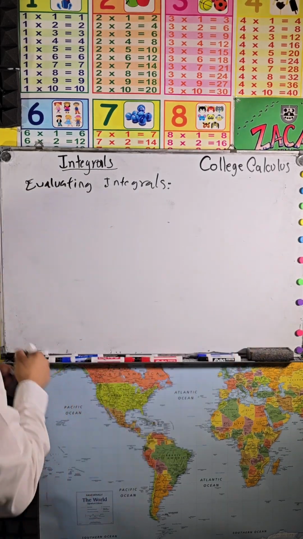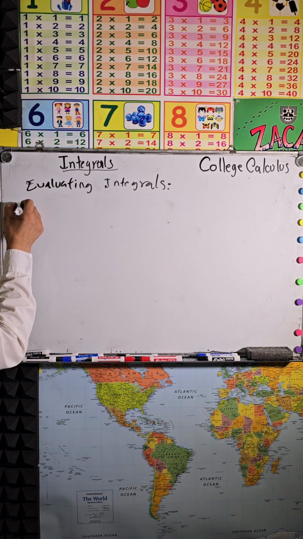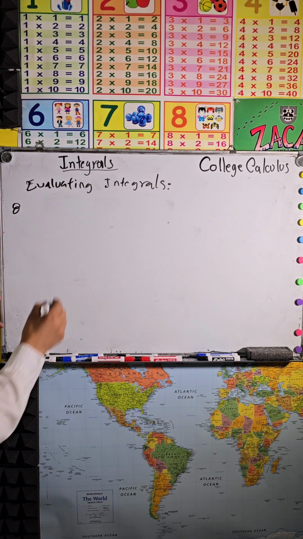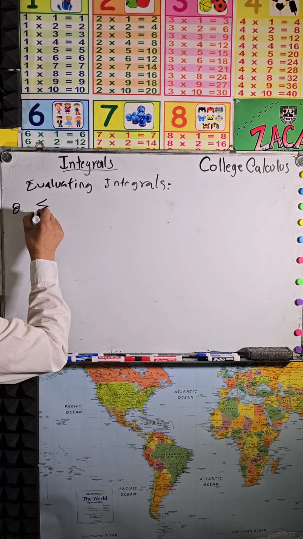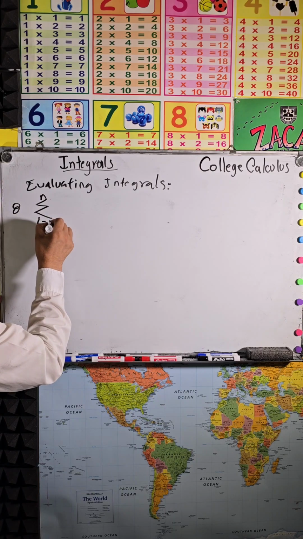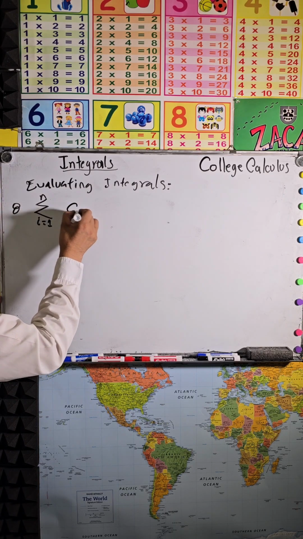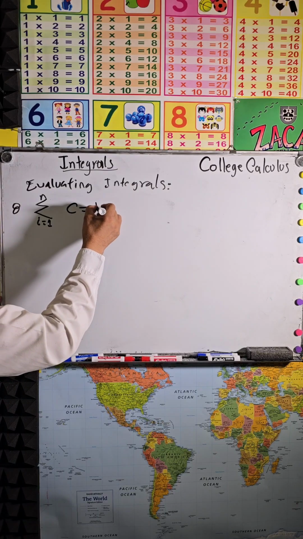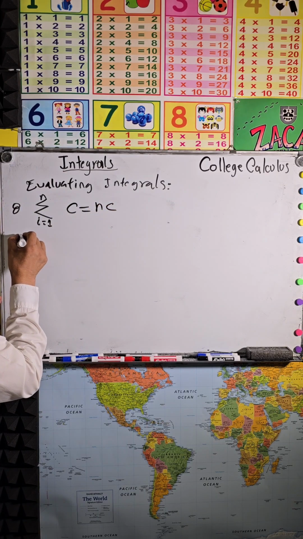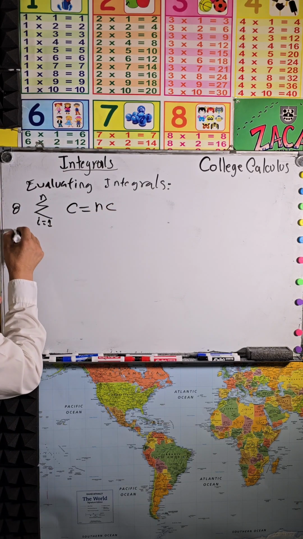So number 8 now. I just want to write some, not everything. Number 8 is sigma, i equals 1 to n, of c. It's a little different. It's a constant, so right here it is n times c.